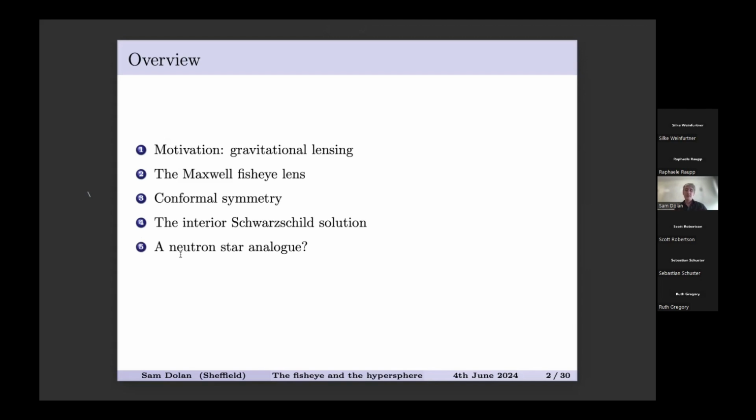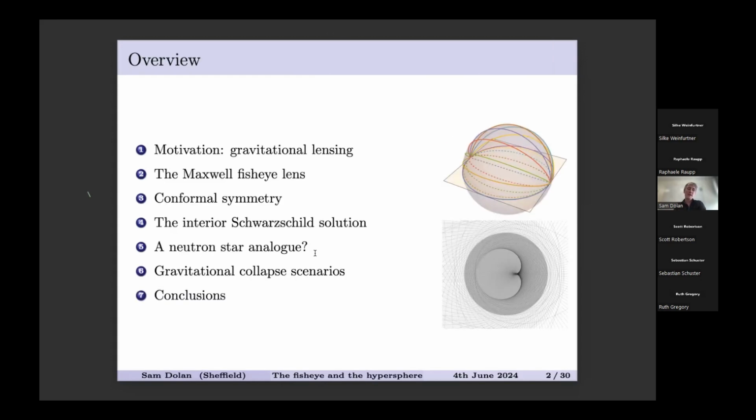In the fifth section, I'd like to propose a neutron star analog. Basically, if you can build a physical system with a refractive index of a certain radial profile, then you can claim that it's recreating some of the physics of lensing in a neutron star. That's what I will say at this point.